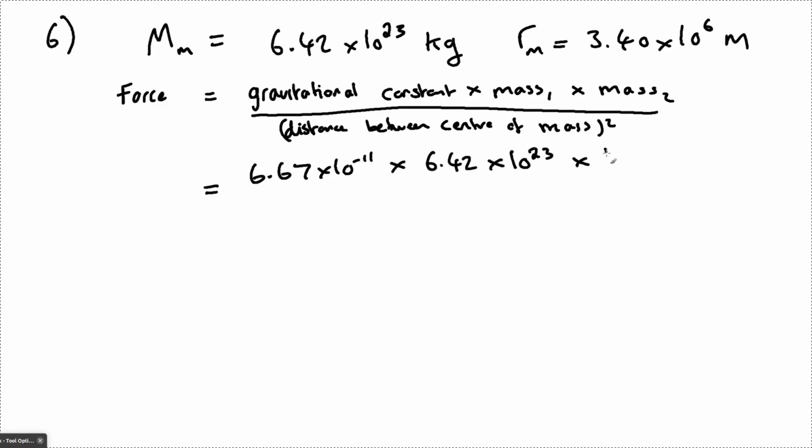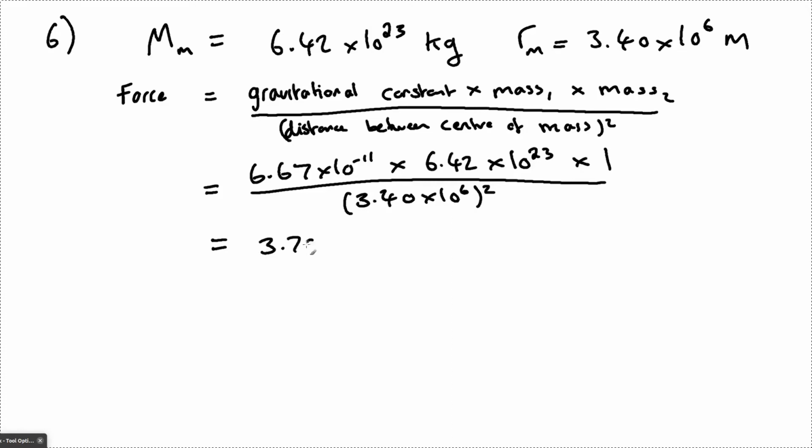We've got a 1 kilogram mass then at the surface, which means the distance away from the centre of Mars of that object will be the same as the radius of Mars, which is 3.40 times 10 to the 6 meters. We must square that, and if we work out then the force, we will get an answer which is 3.70 newtons. So basically the gravitational field strength at the surface of Mars is 3.7 newtons per kilogram.